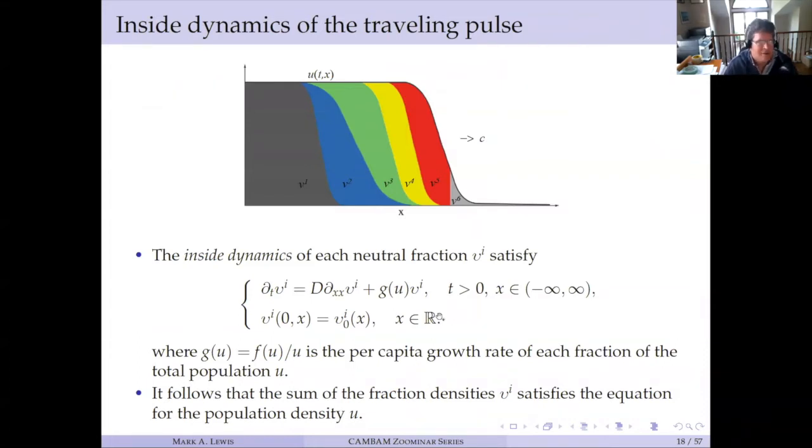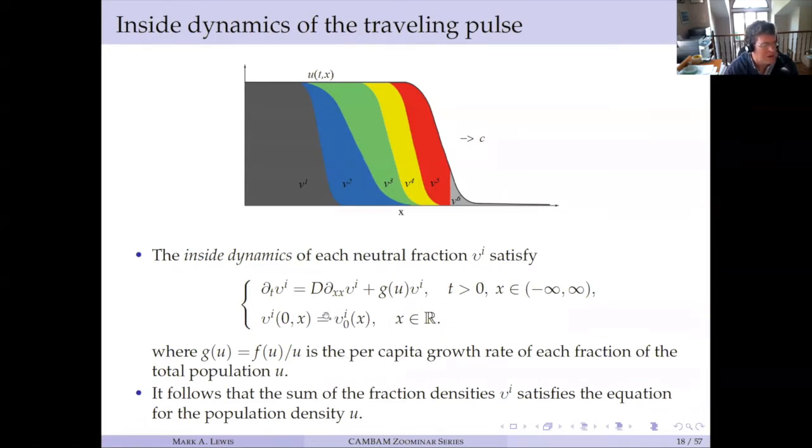And so one thing we can do is start by just writing down the dynamics of these fractions. This is the ith fraction we see here, and then there's diffusion, and then there's growth. Now we've broken our growth into a per capita growth term G, which is given below as F of U over U. And this is the neutral fraction density, V superscript i.